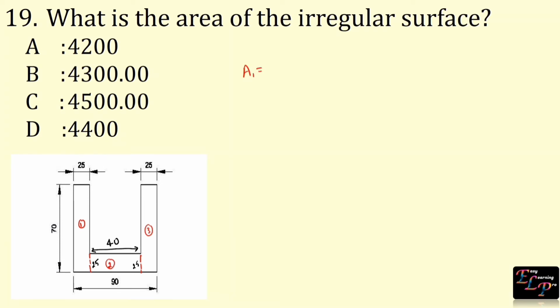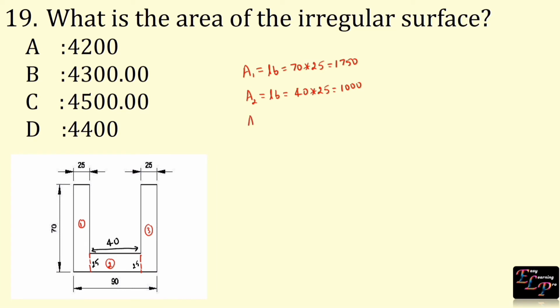First shape is a rectangle, given by length into breadth, 70 into 25, which is equal to 1750. Area of second shape, it is a rectangle, given by length into breadth, 40 into 25, which is equal to 1000.